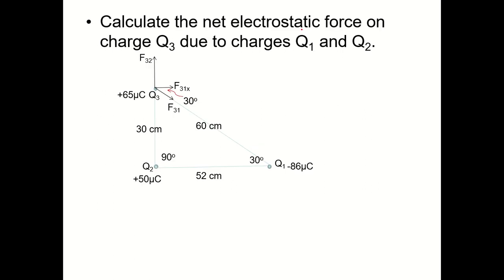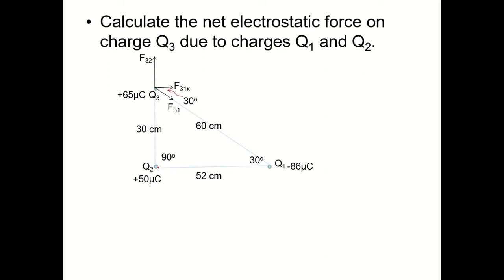Calculate the net electrostatic force on charge Q3 due to Q1 and Q2. So the same concept, class. You have to solve for the force here, and the force here, and the good thing about this is that they are perpendicular to each other. So I think the calculation here is simpler.